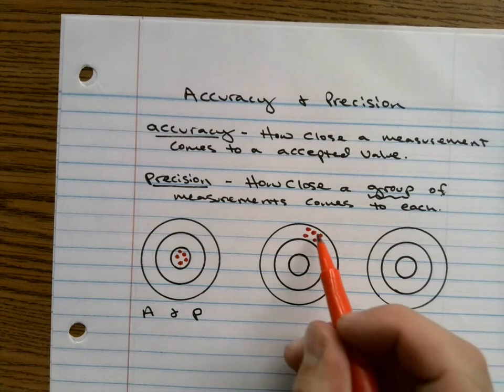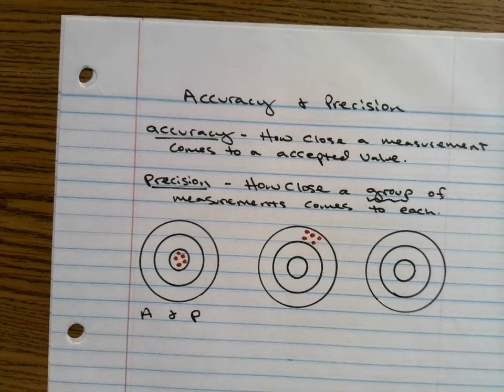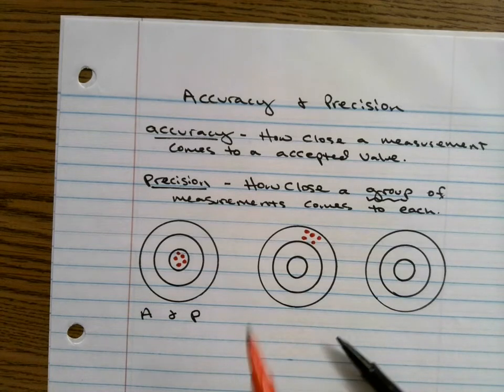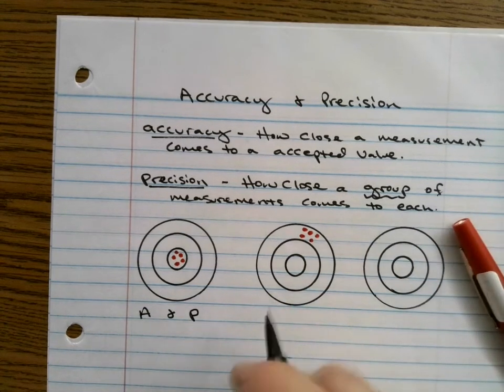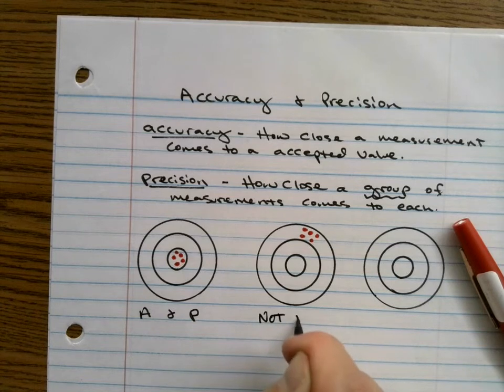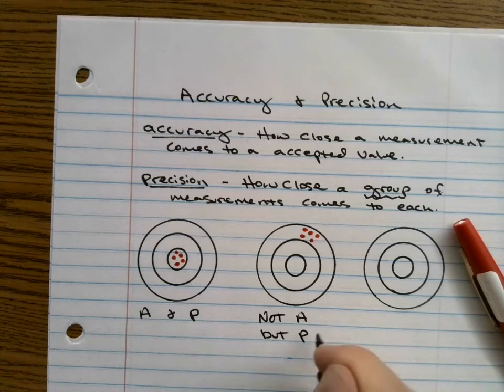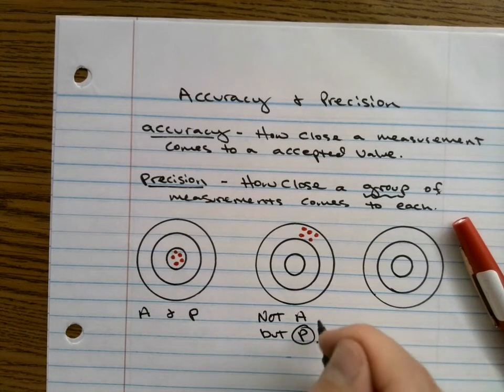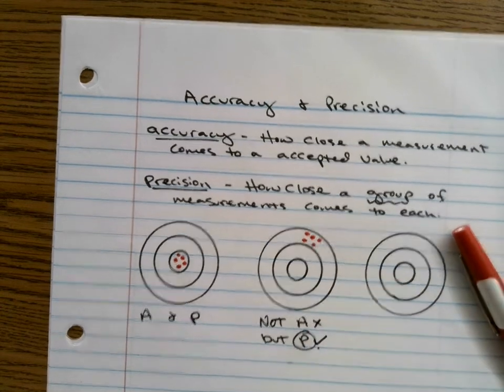You have a good grouping, but is it hitting the target? It's not. So it's not accurate. So I would say, we'll use this pen, not accurate, but it is precise.